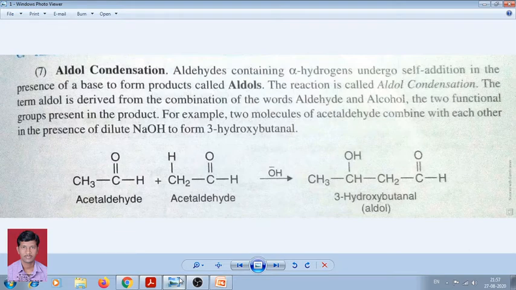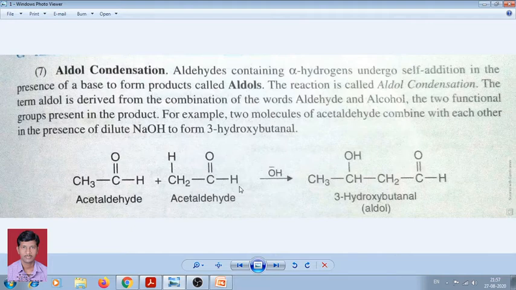It means the condensation reactions in which the aldehyde molecules get condensed with each other, or the carbonyl compounds, aldehyde or ketone, may get condensed with each other to give a condensed product. Now our first reaction is the aldol condensation.